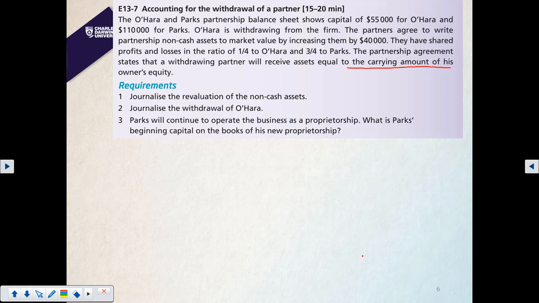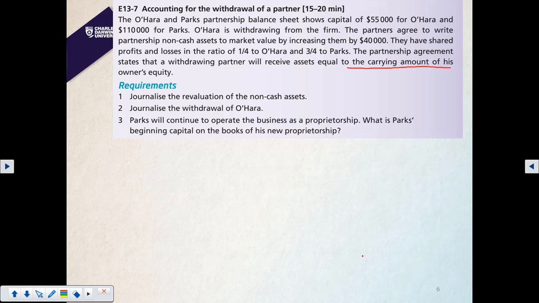Okay, let's do this one as well, and then we'll be ending with this. The O'Hara and Parks partnership balance sheet shows capital of $55,000 for O'Hara and $110,000 for Parks. The two partners, one has $55,000, another has $110,000, exactly double. O'Hara is withdrawing from the firm.